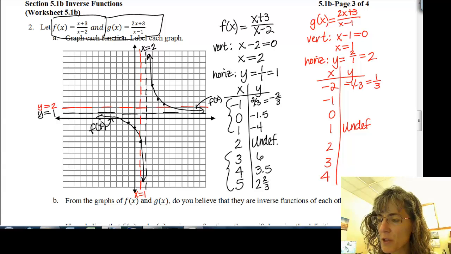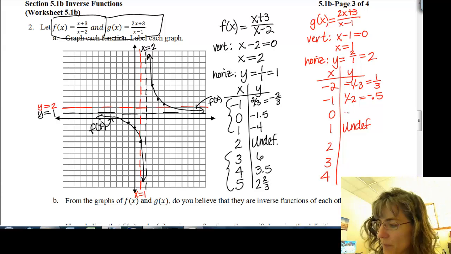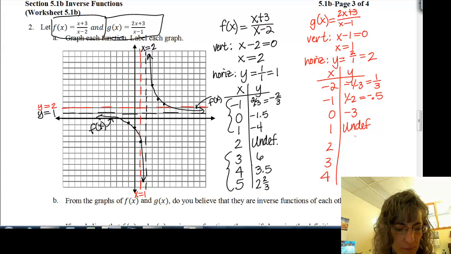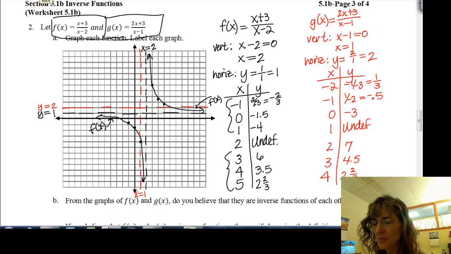And then negative 1 times 2, negative 2 plus 3, that'll give me a 1. And then negative 1 minus 1, negative 2, so negative 0.5. And then I'll give you some other points here. 0 gives you a negative 3, 2 gives you a 7, 3 gives you a 4.5, and 4 gives you 2 2/3.